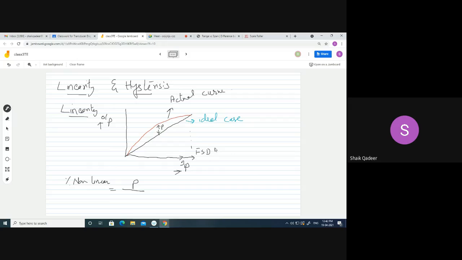Already I told you what FSD is. Full scale deviation. Write down FSD over here. Multiply this with 100. You will get the percentage of non-linearity. Hope it is clear to everybody. If it is clear, please note down this.